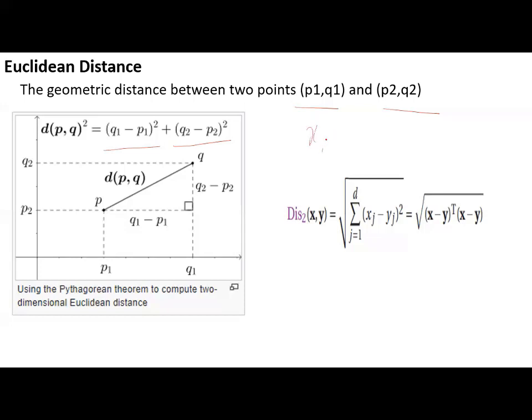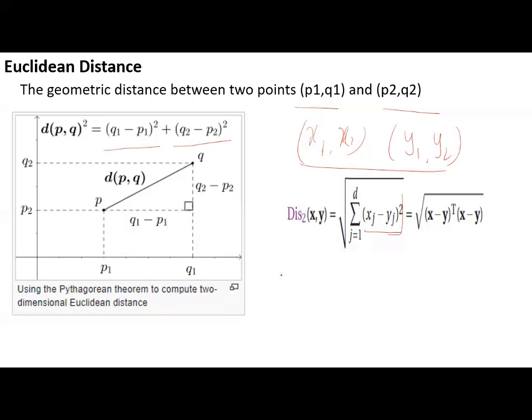If you take x1, x2 and y1, y2, then we can write this as the sum of xj minus yj whole square, under a square root.